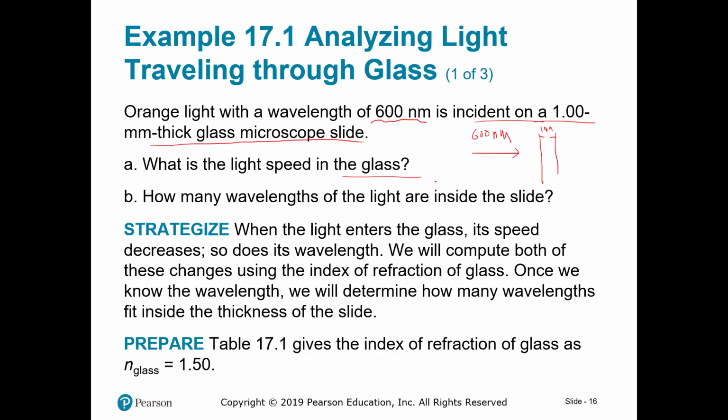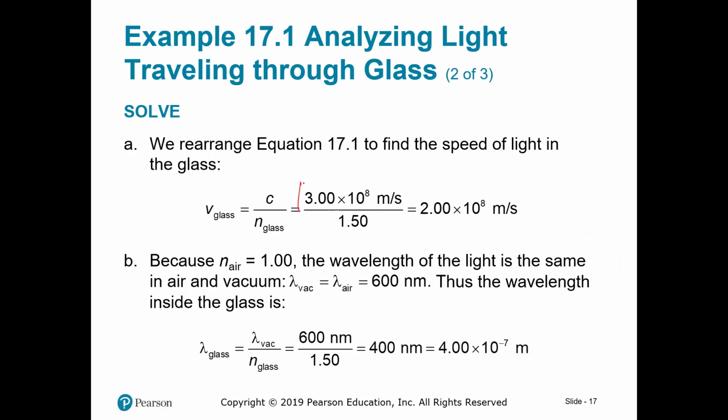The speed will be decreased by the n of the glass, which is 1.5. So the speed is going to be the speed of light in vacuum, 3 times 10 to the 8, divided by 1.5. So the speed is 2 times 10 to the 8 meters per second.